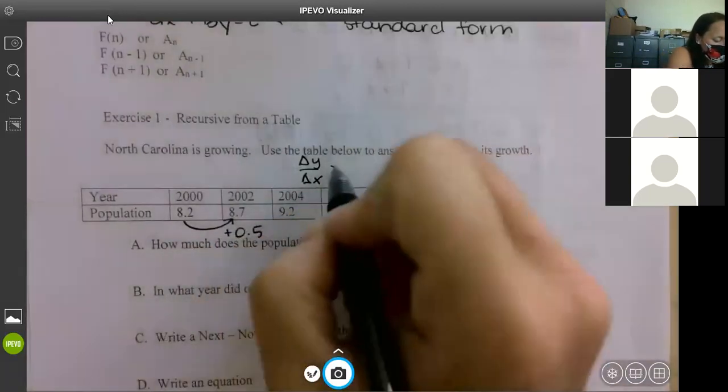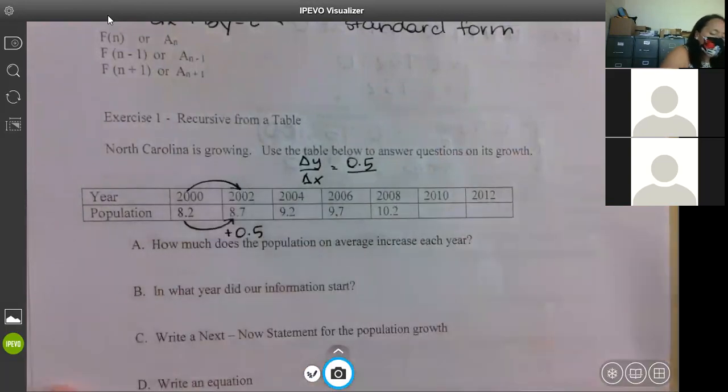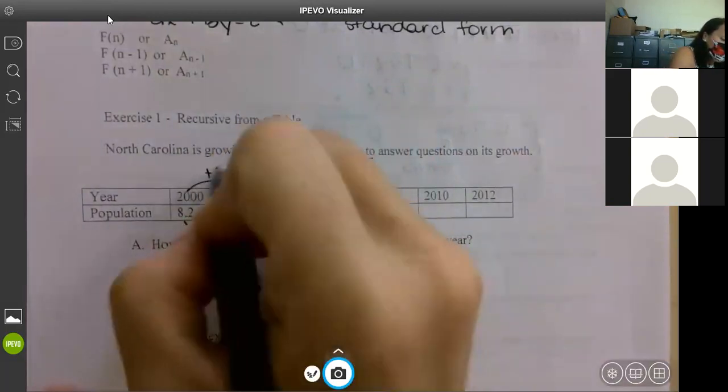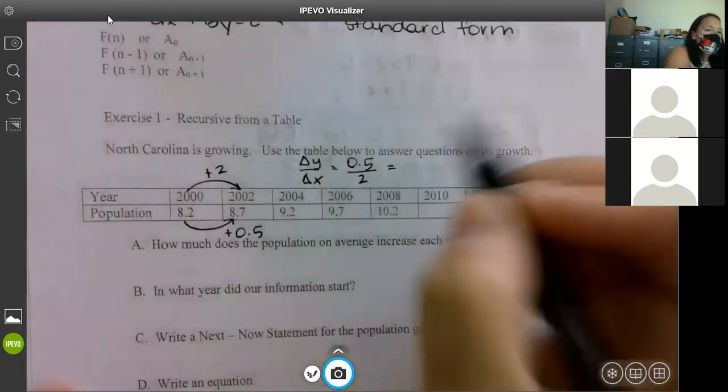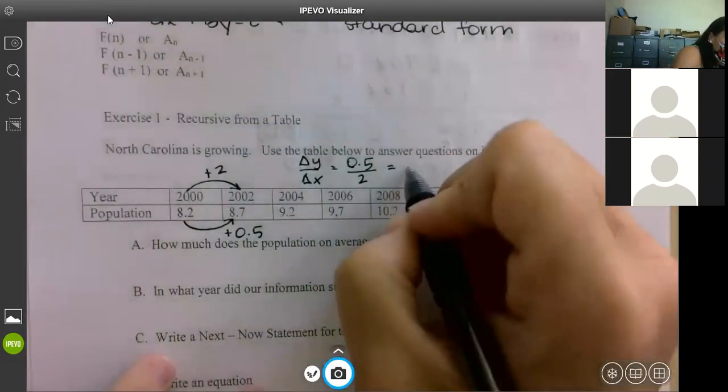Perfect. On the top, from 2000 to 2002, going up by 2. 0.5 divided by 2. 50 cents divided in half. 25 cents.